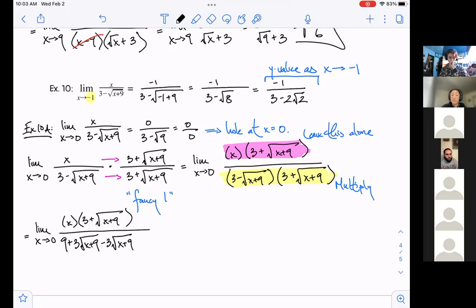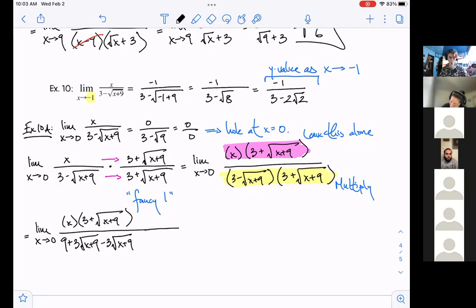And what happens when we multiply the last terms? No more root. Exactly. When we take a square root times the square root of the same thing, we end up with the thing inside the square root. Now I'm going to be really picky here and say, do this.